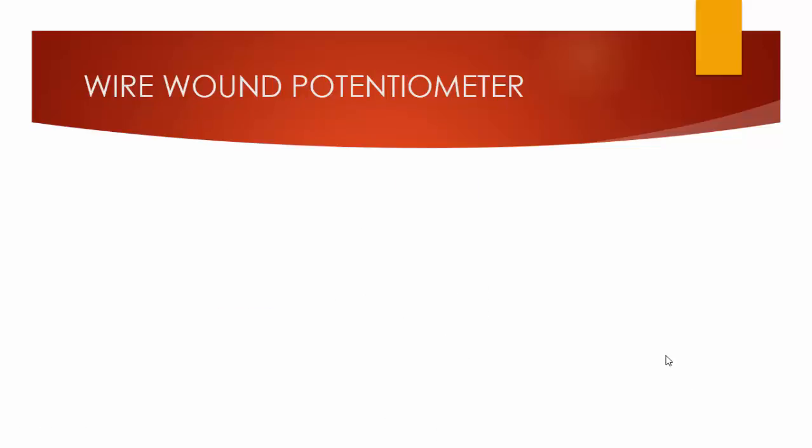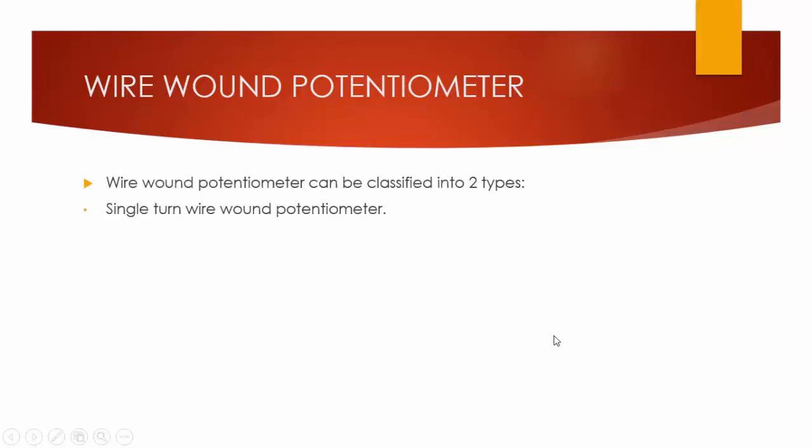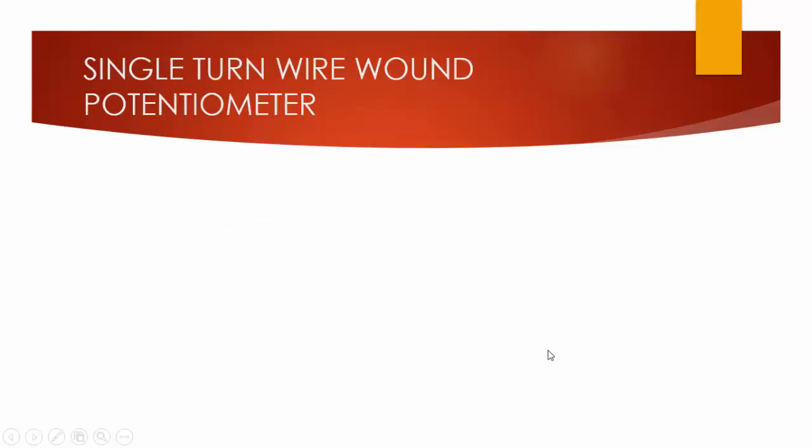The wire wound potentiometer can be studied in two different parts: one is the single turn wire wound potentiometer and the other is the multi-turn wire wound potentiometer. Let's first deal with the single turn wire wound potentiometer. It is made up of flat strips of insulated card made of flexible plastic or anodized aluminium.